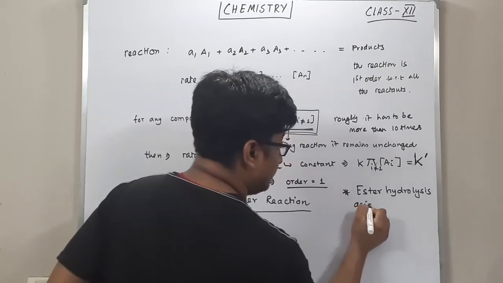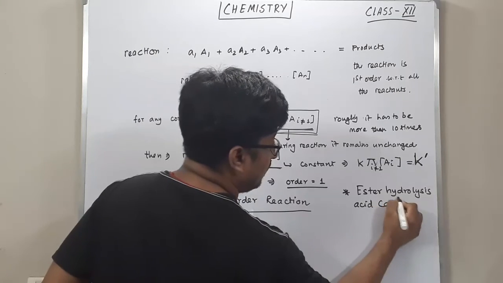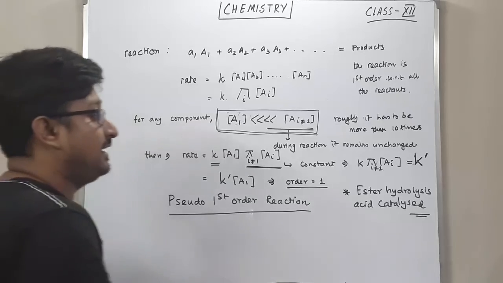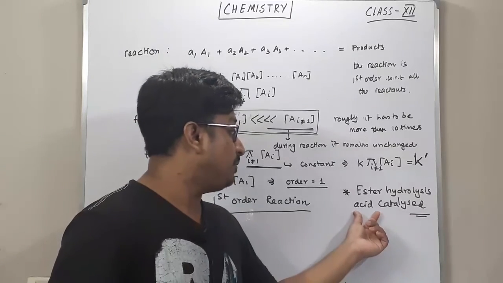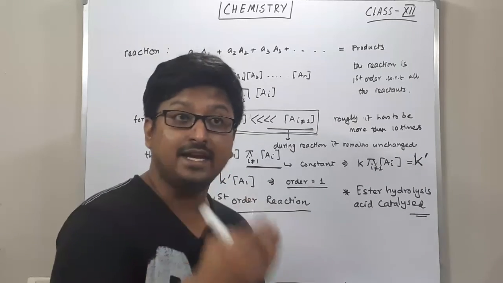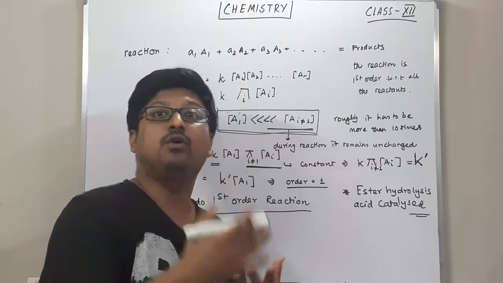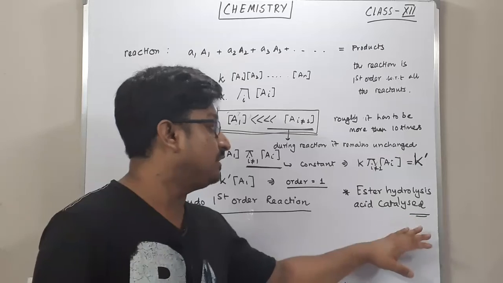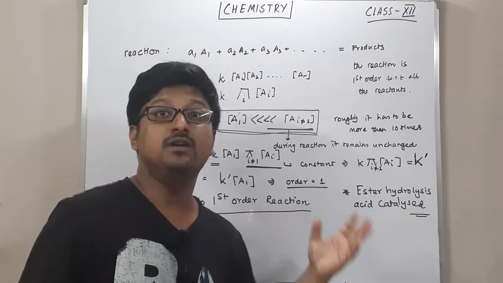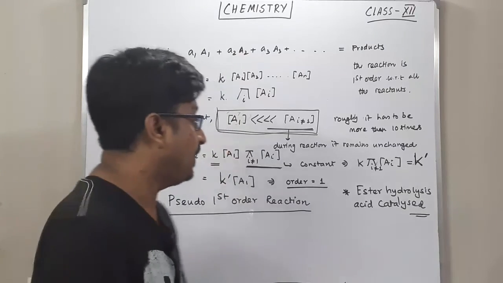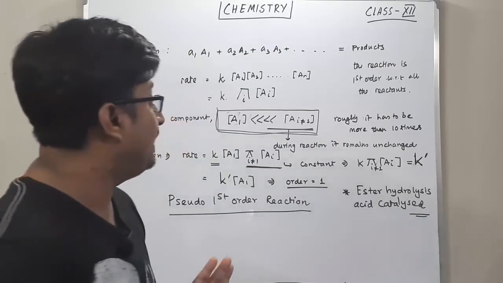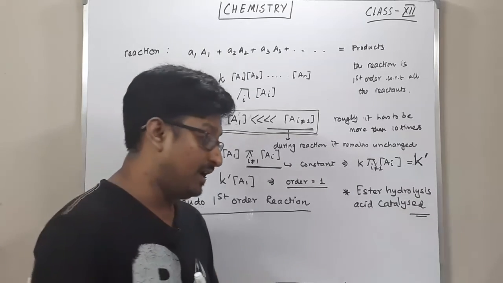In the presence of acid and ester it would be second order, meaning more than one order kinetics, but it follows first order kinetics. So it is an example of a pseudo first order reaction. So this is all from your first order kinetics and pseudo first order kinetics.